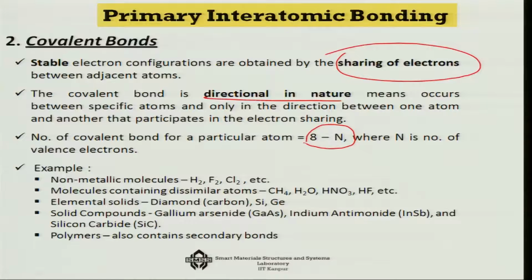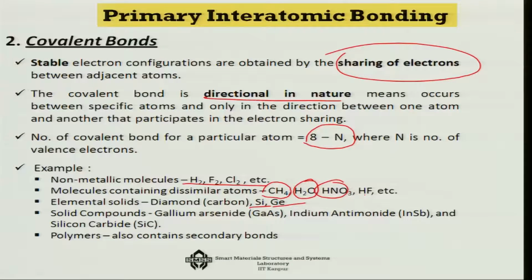Now, there are a couple of materials which are very famous for covalent bonding. Of course, there are non-metallic molecules: hydrogen, fluorine, chlorine, etc. Then we have molecules containing dissimilar atoms, CH4, H2O, HNO3, etc. We have elemental solids, for example, carbon forming a covalent bond, or silicon or germanium.